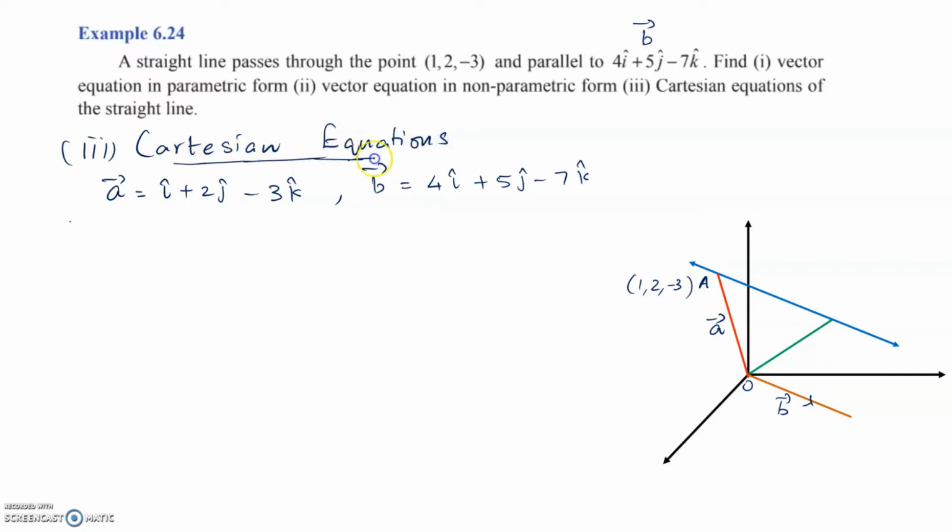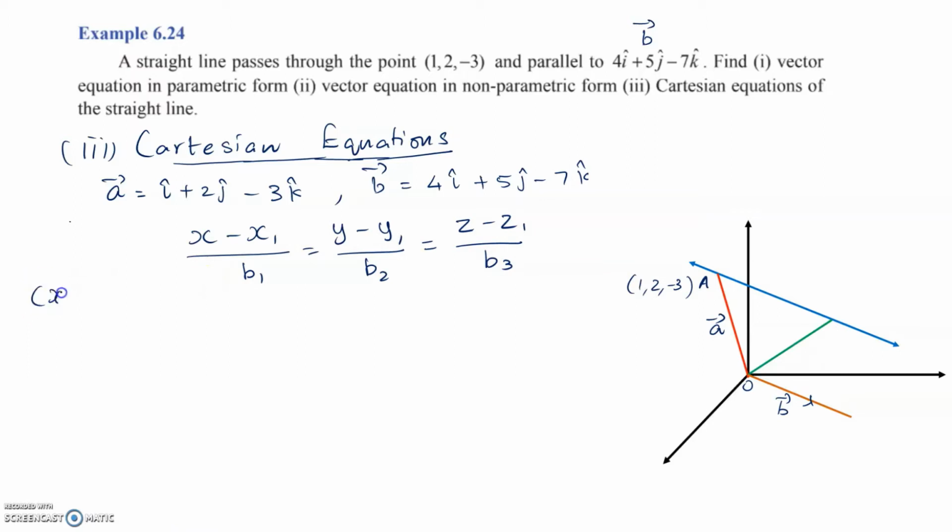Okay, how can we do this? We know that the Cartesian equation is (x minus x1) by b1 is equal to (y minus y1) by b2, and that's equal to (z minus z1) by b3.